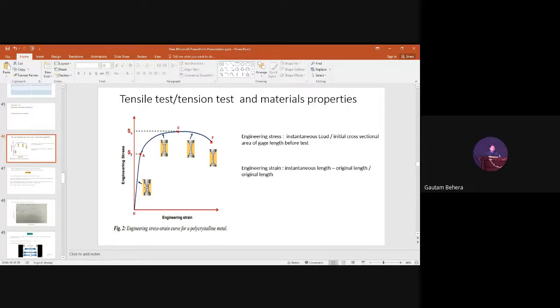This gauge length has a particular cross-sectional area called A0 and a particular initial length L0. The moment you are loading it in uniaxial tension, uniaxial means the load is applied in one axis only, in this direction.